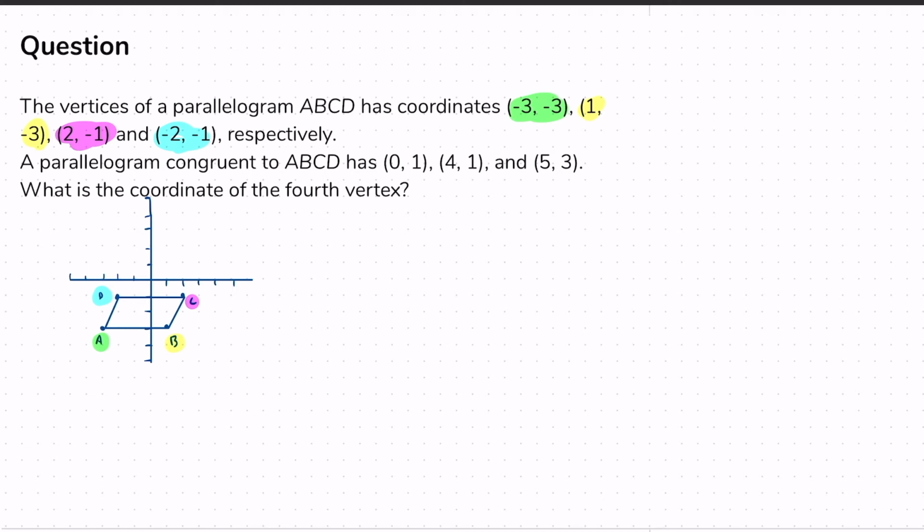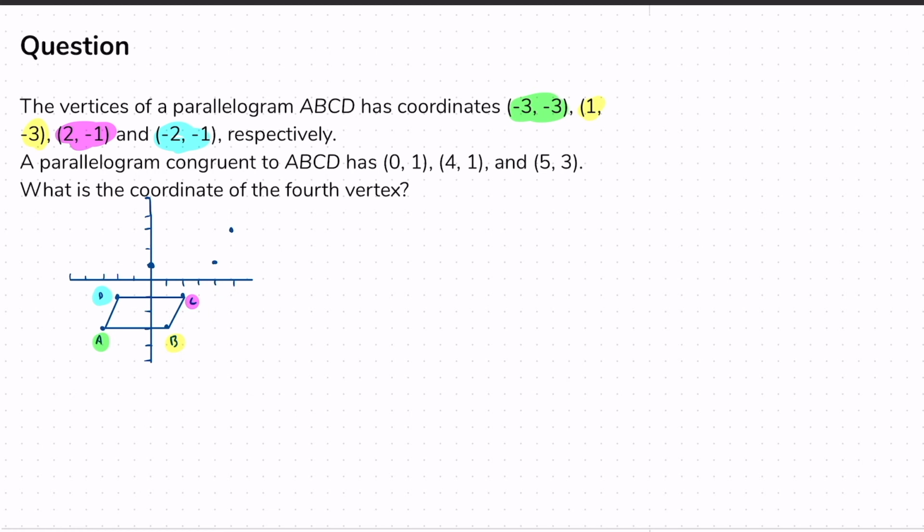So A moves to 0, 1. Okay, well, that's one of the ways we're thinking about, right? Perhaps this is happening. So let's have a look at that. 0, it goes up 1. 4, up 1. 5, 3. And then there's 1 left over.